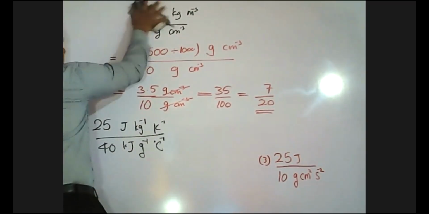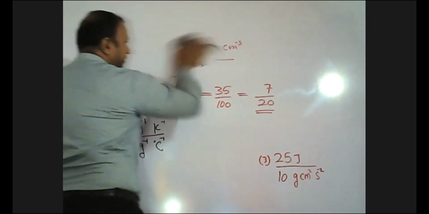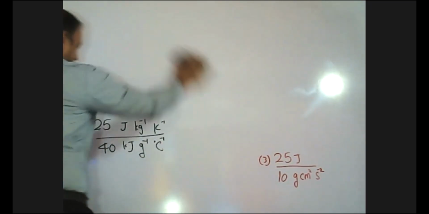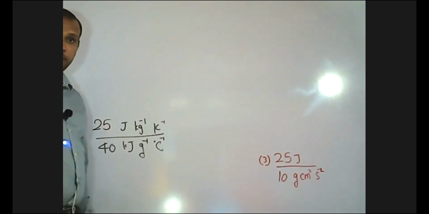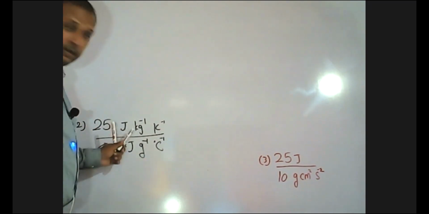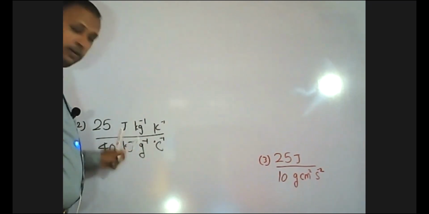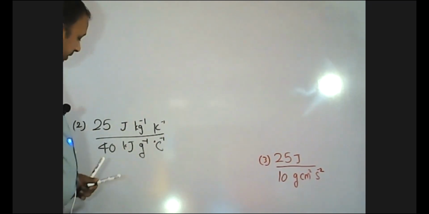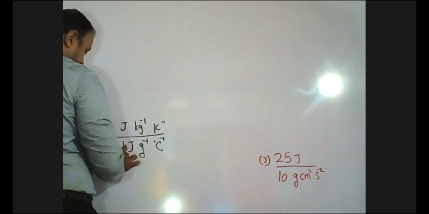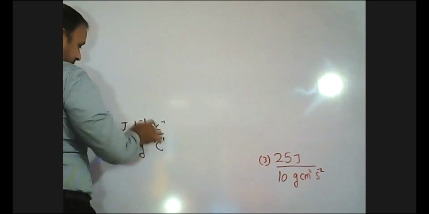Okay. In this case, I have to do the conversion. You can convert joule per kilogram per Kelvin into this one, or this one into this one, anything. I will convert kilojoule per gram per Celsius into this one.